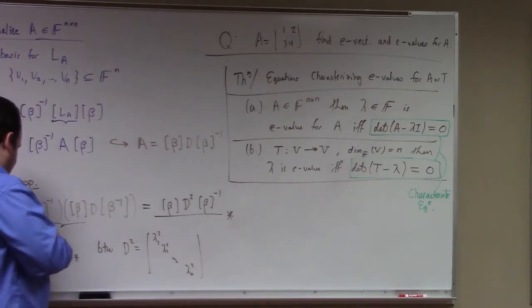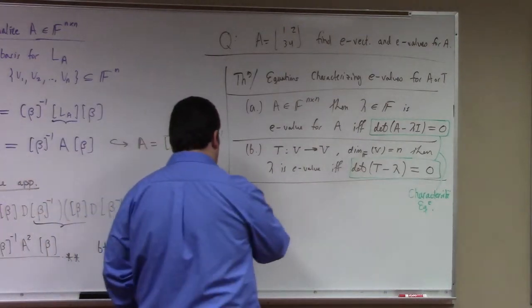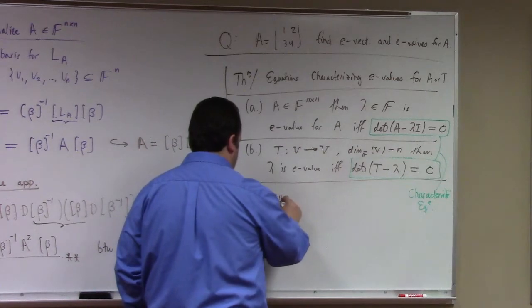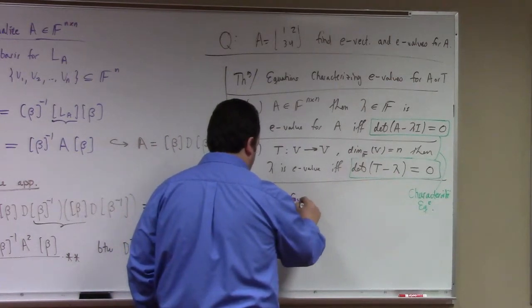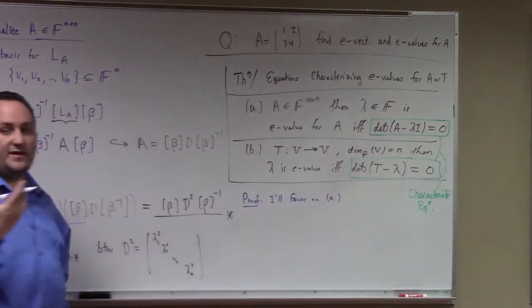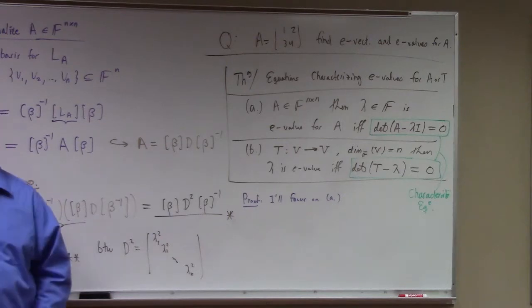How do we prove this? I'll focus on the matrix case. Suppose you have an eigenvalue. In other words, suppose you have an eigenvector. What does that mean?